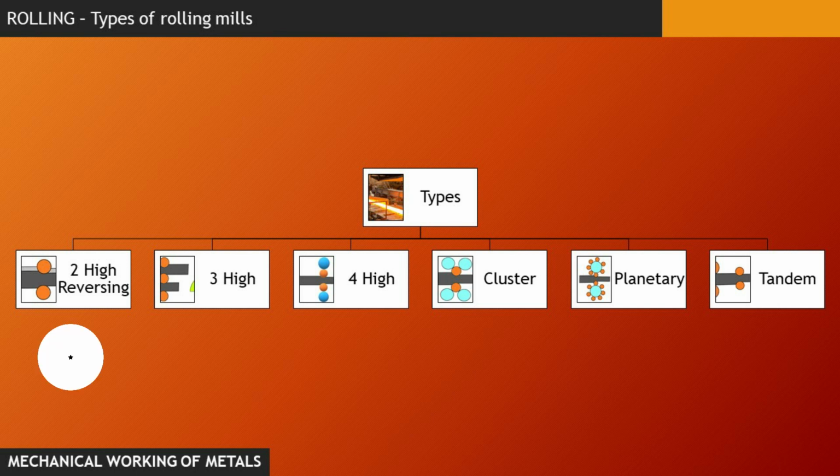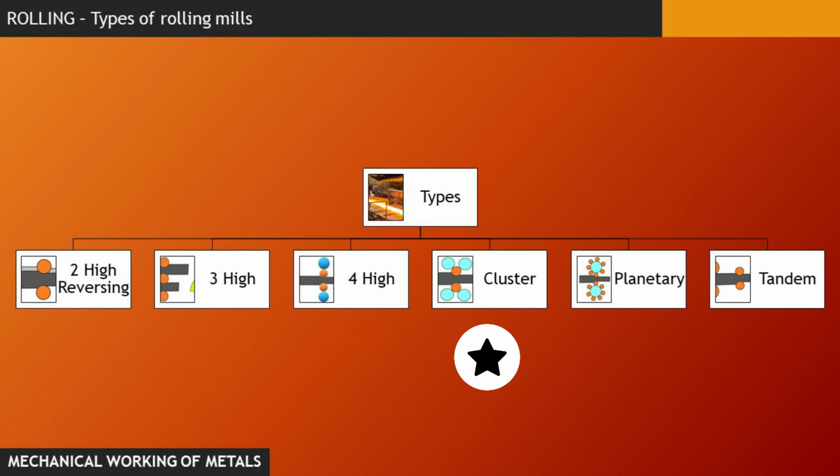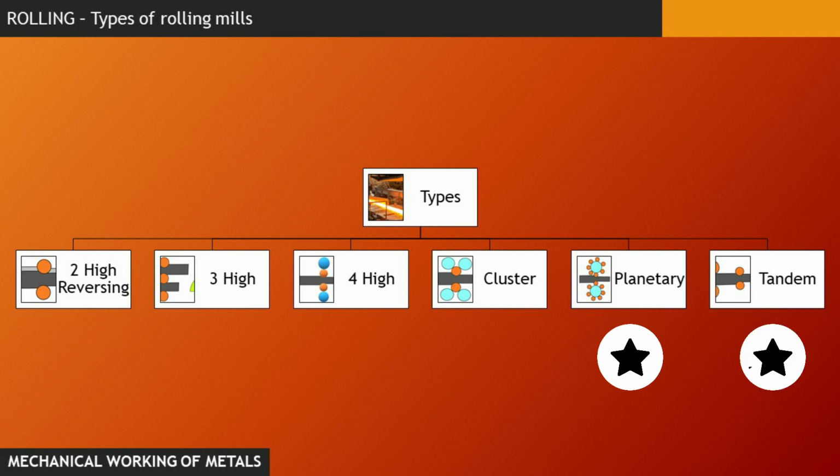First being a 2-high rolling mill, a 3-high mill, a 4-high mill. Then we have a cluster rolling mill, a planetary rolling mill, and last but not the least, a tandem rolling mill. Now let's discuss them one by one.